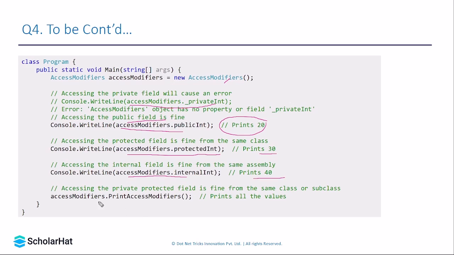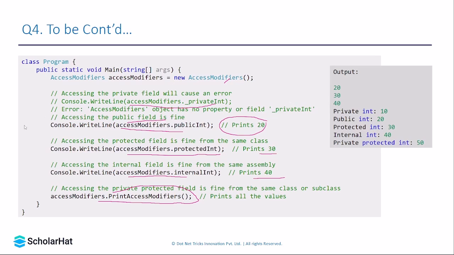And right now we are accessing the method PrintAccessModifier, and it will print all the values that we declared inside this method in the previous slide. So this is how access modifiers can be used in a C# program, and which ones we can call outside the class file, and which ones we cannot. Now let's move to our next topic, that is its output.